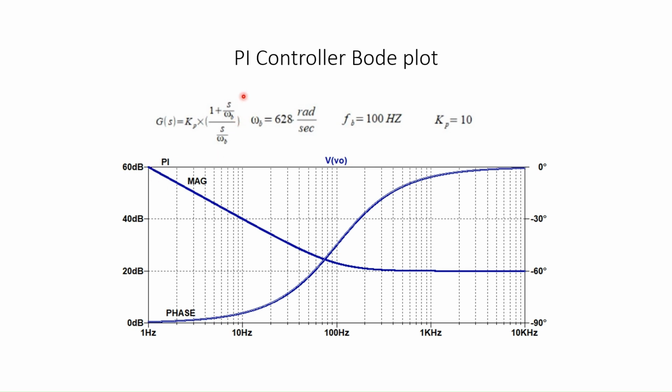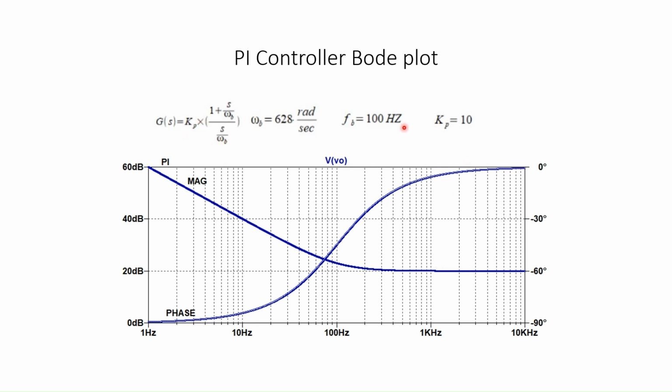When omega reaches omega b and crosses, this term will be less, so we can neglect it. Then effectively S by omega b divided by S by omega b will become 1. So G(S) will be Kp. So after the crossover frequency, here it is 100 Hz, the magnitude will be Kp.